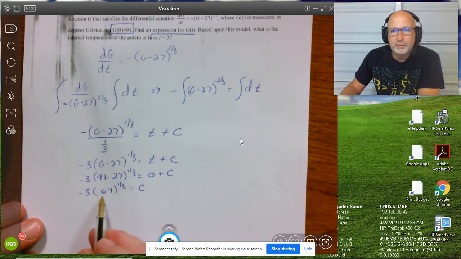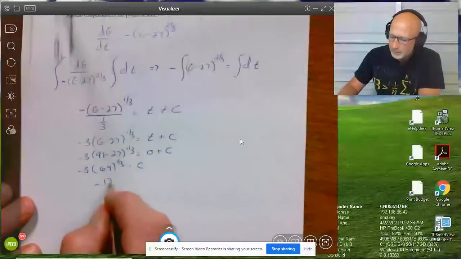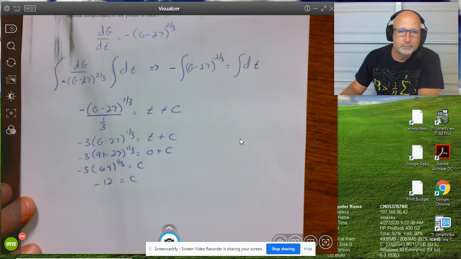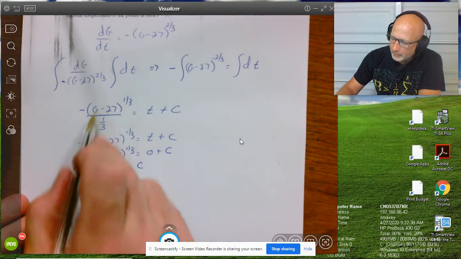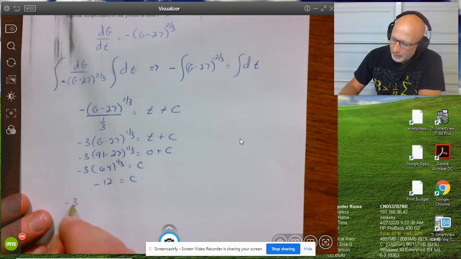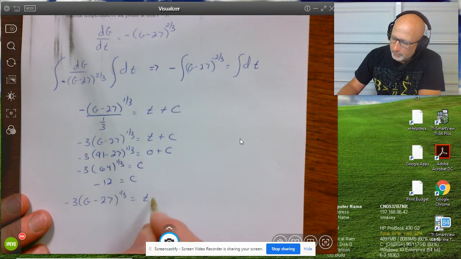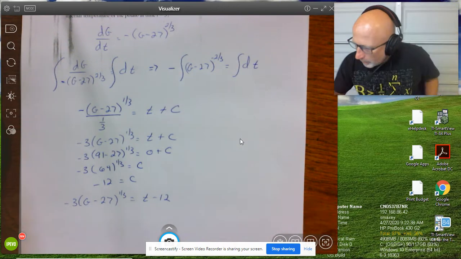The cube root of 64 is 4, and 4 times negative 3 gives me negative 12. So that's what c is. Plugging it back into the equation, I have negative 3 times (g minus 27) to the 1/3 power is equal to t minus 12. So that's our equation.